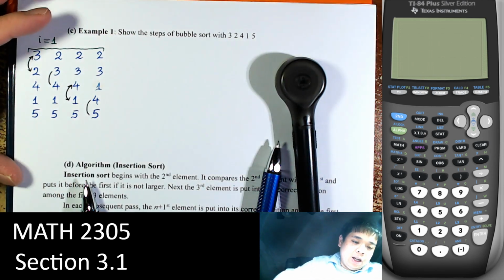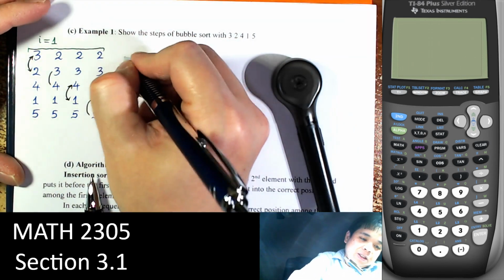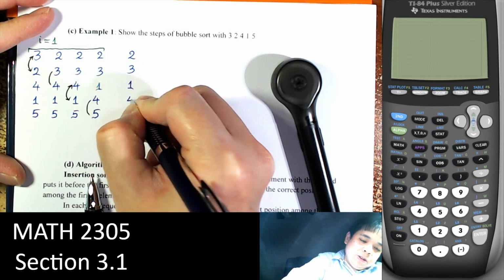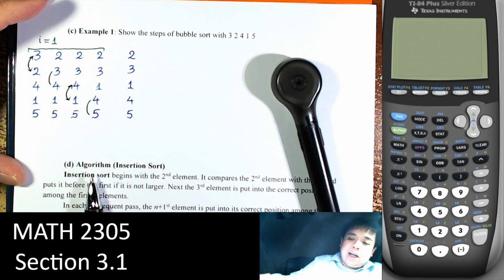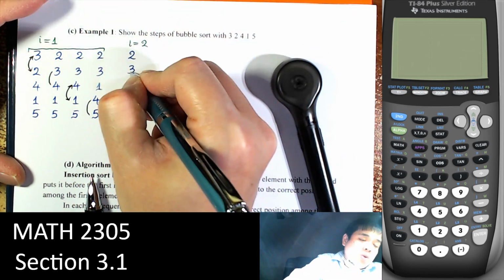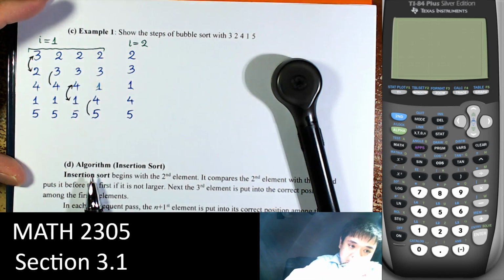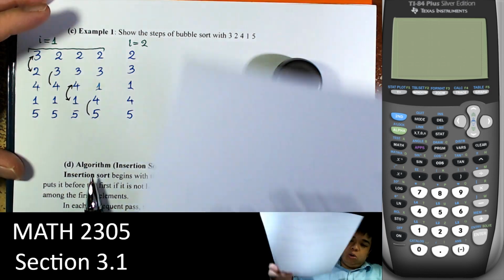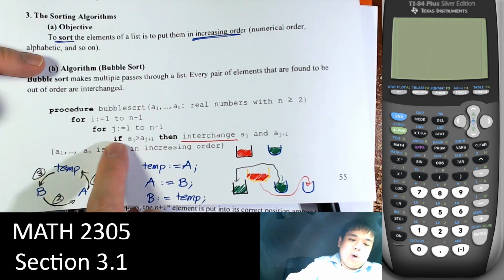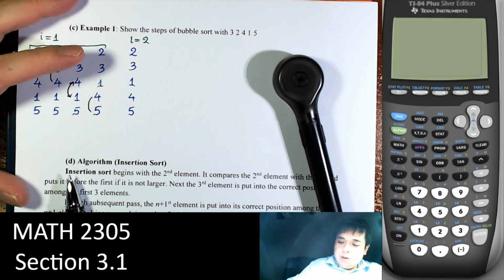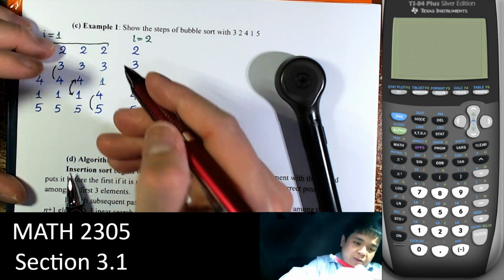Next, we're going to have this list. Now i equals 2, meaning we start from this. When i equals 2, actually, we always start from 1, but we're going to stop before the last one. We're not going to go to the last one, so we're going to stop here.